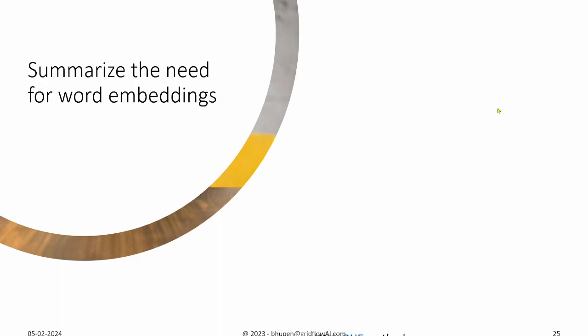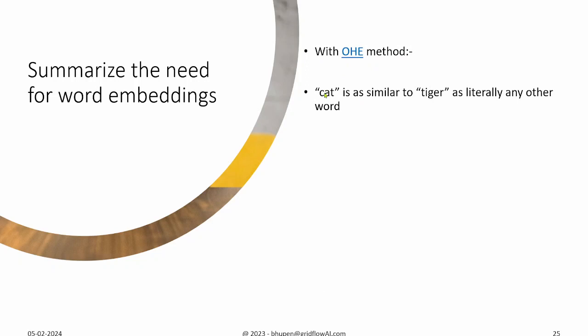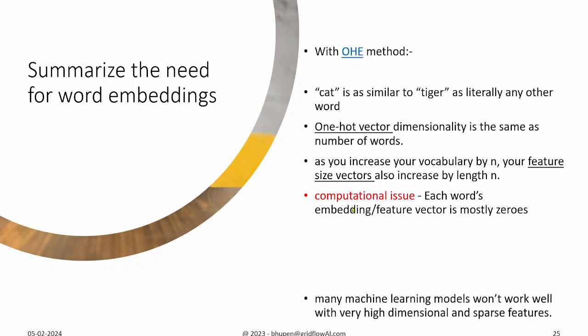So summarizing the need for word embedding: with the one hot encoding method, the word cat is not similar to tiger, because the vector representation is just a sparse representation where only one place has a non-zero index. One hot vector dimensionality is the same as the number of words. So if your corpus has 500,000 words, the dimensionality of the vector would be 500,000. As you increase the vocabulary, your feature size is also going to increase, and that results in computational issues as well.